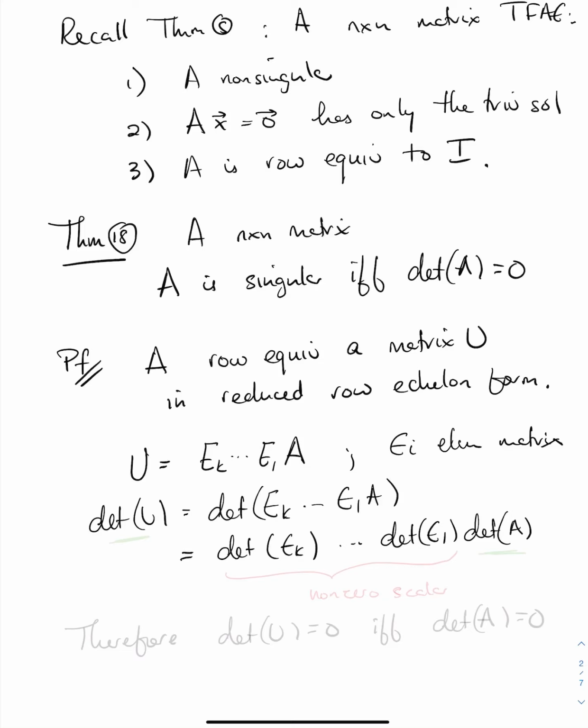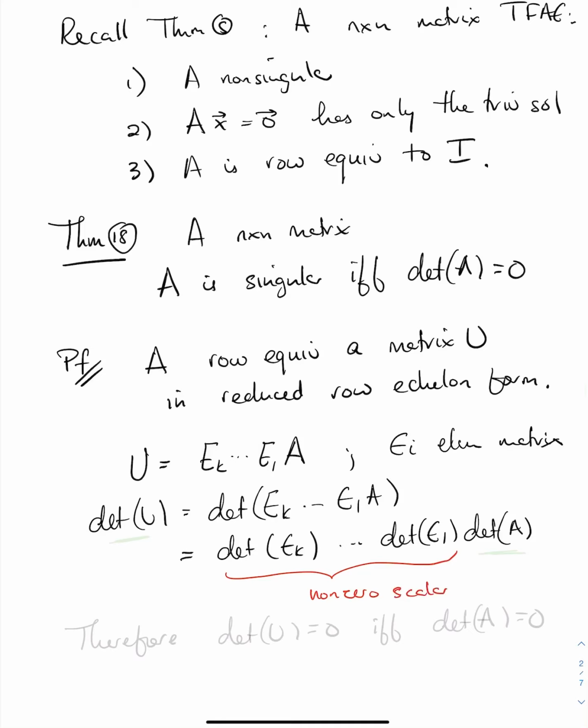The determinant of an elementary matrix is either 1, -1, or some alpha, which is a non-zero real number, which means while I don't know what all of these determinants are, I know that this is a non-zero scalar.